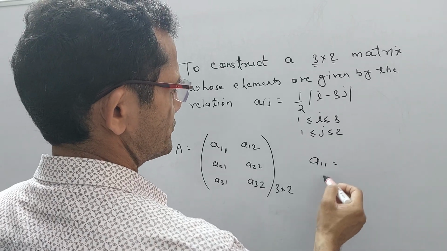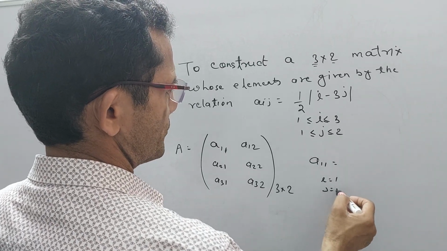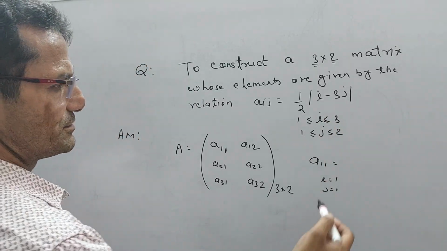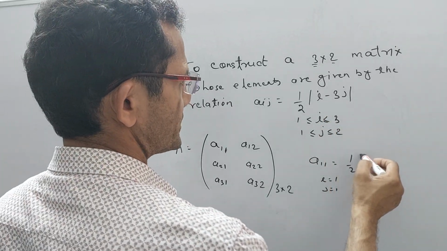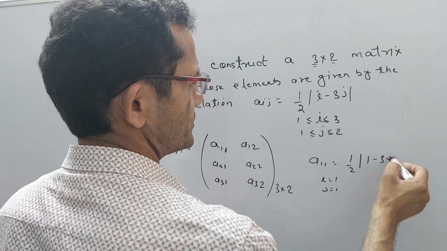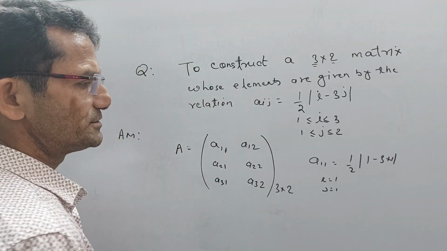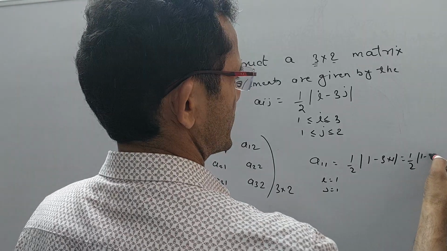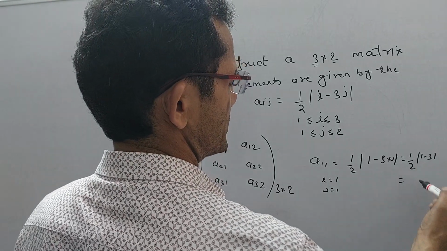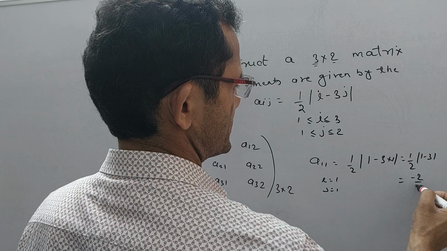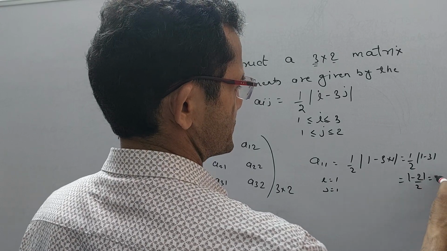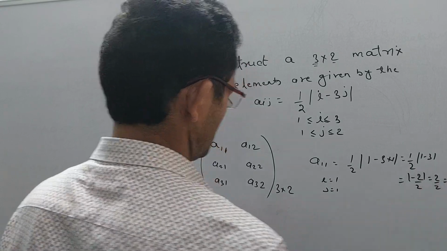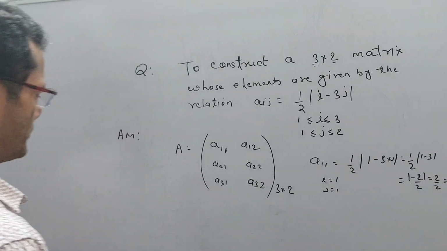Put i equal to 1, j equal to 1. Now it becomes half mod of 1 minus 3 into 1. So the value comes out half of 1 minus 3, which is minus 2, divided by 2. Mod of minus 2 is 2. Now this value becomes 1. So the first element a11 is 1.